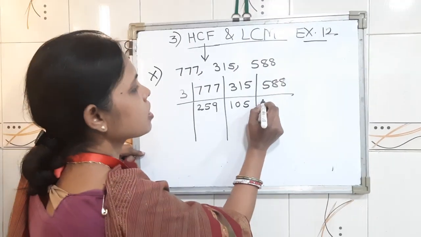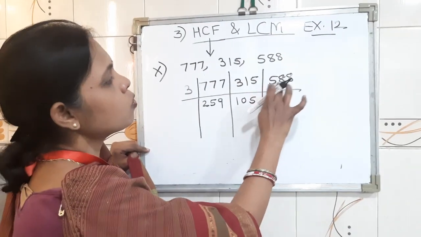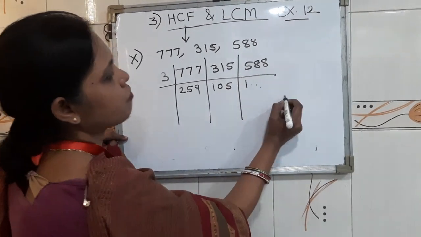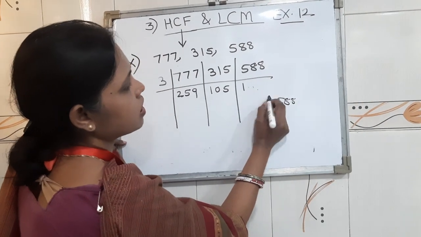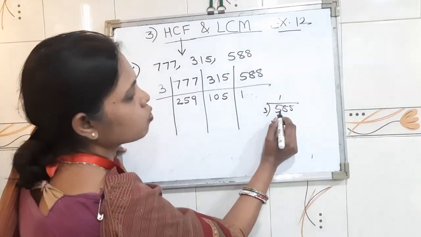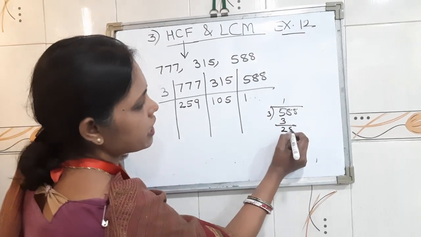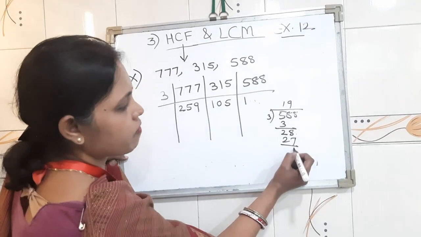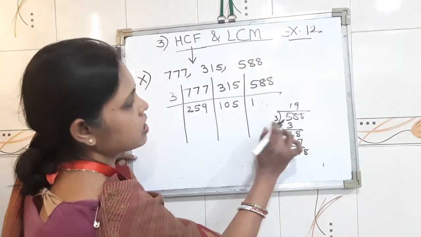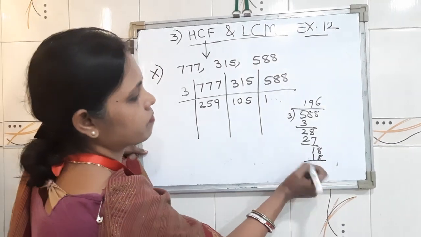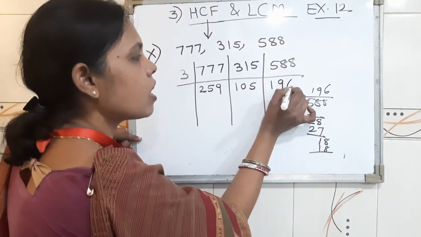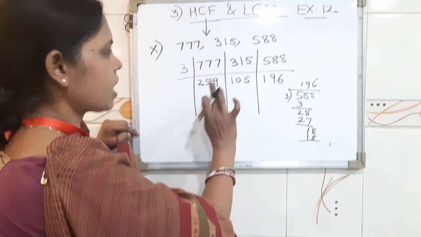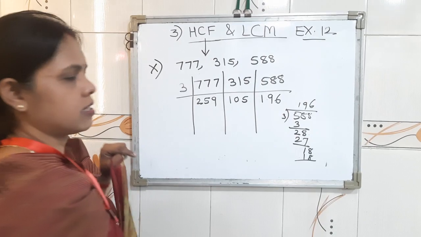Next number: 3 ones are 3, 2 and 8, 3 fives are 15, 5 minus 3 is 2, then 8, 3 nines are 27, 8 minus 7 is 1, and this 8, 3 sixes are 18. Therefore, your answer is 196. So children, here we got 259, 105, 196.